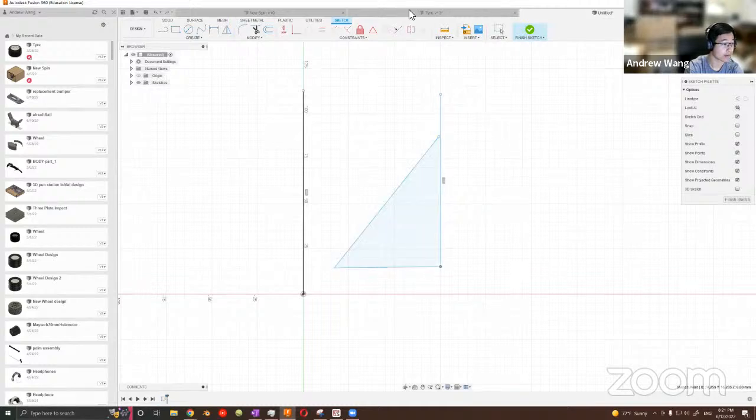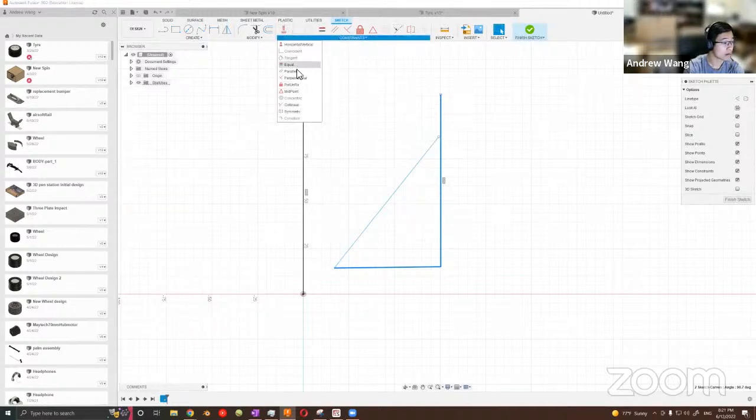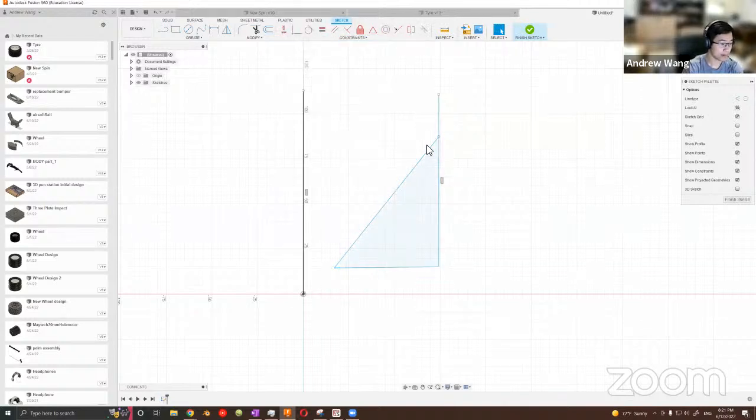This is not a perfect right triangle, but I can deal with that later. The premise is I have a shape over here.